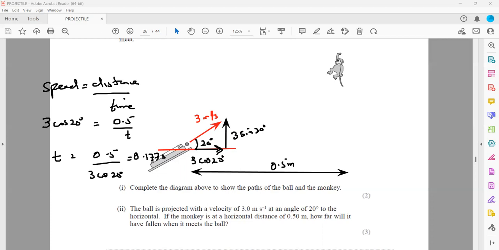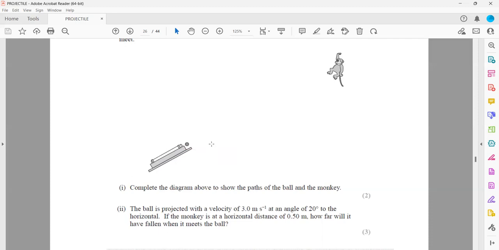Now, the second part, because that is the main part, they ask: the ball is projected with a velocity of 3 meters per second at an angle of 20, if the monkey is at a horizontal distance of 0.5 meter, how far will it have fallen when it meets the ball?